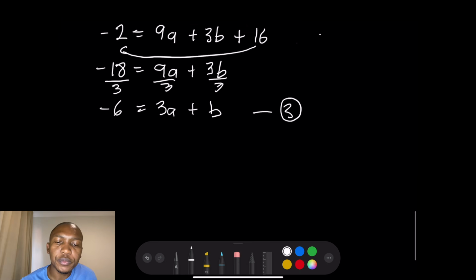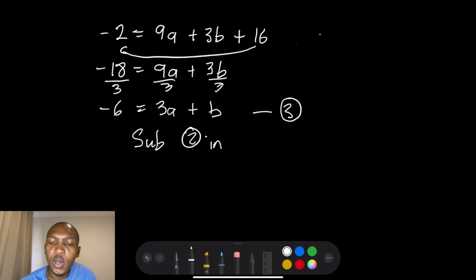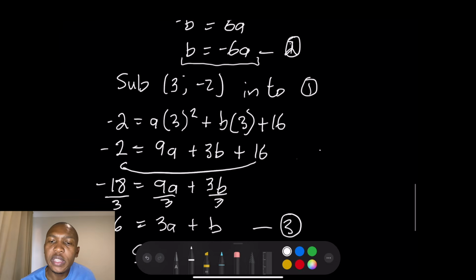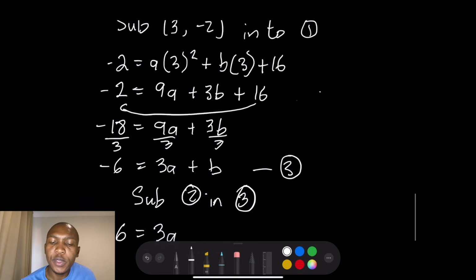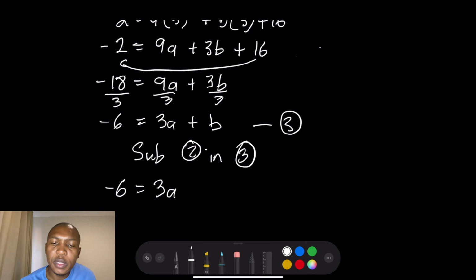So let's substitute equation 2 into equation 3. This is going to be negative 6 is 3a plus, where I see B, I'm going to substitute now minus 6a. So in this case, that's minus 6a.